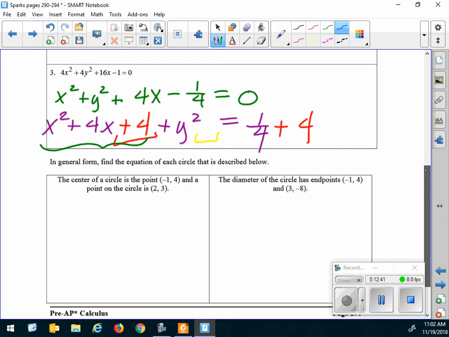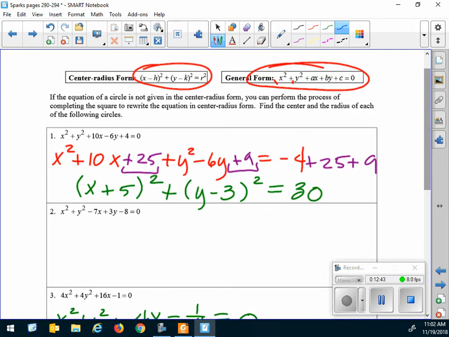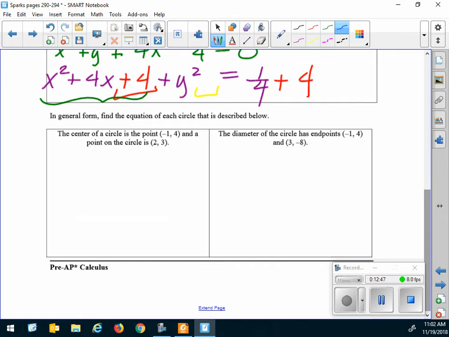In general form, that's this form right here. Find the equation of each circle that's described below. Okay. The center of a circle is the point negative 1, 4, and a point on the circle is 2, 3. Well, all right then. Now I'm just going to tell you on these, I struggle to do this unless I plot them.